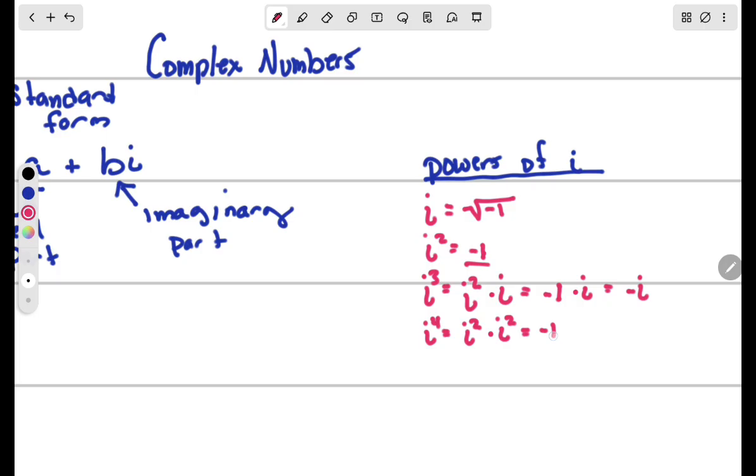Negative 1 times negative 1, which is 1. i to the 5th can be factored to i to the 4th times i, which equals, we say i to the 4th is how much? Positive 1, and i is just i. So 1 times i is just i. You don't need the 1 in the front.